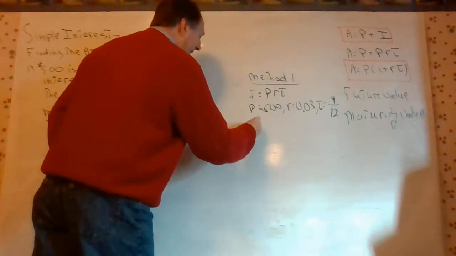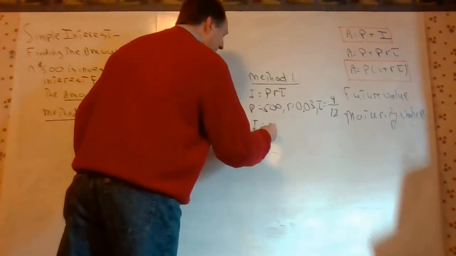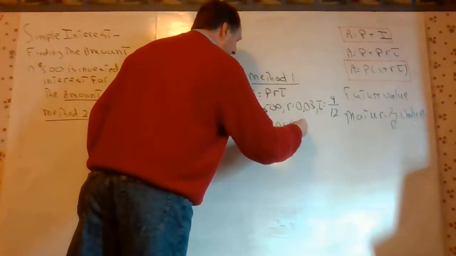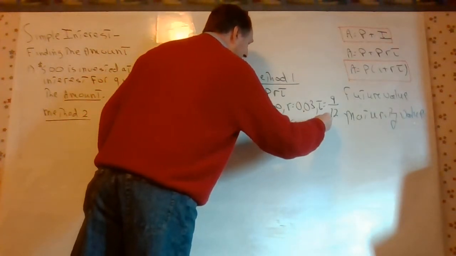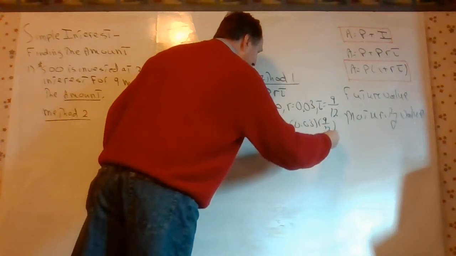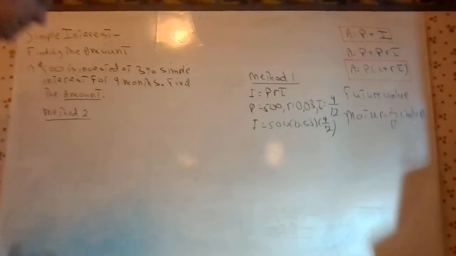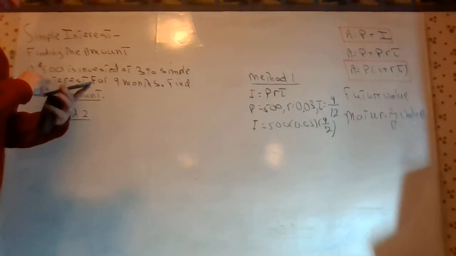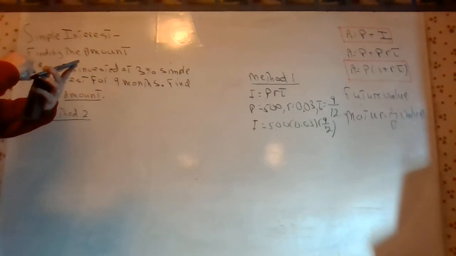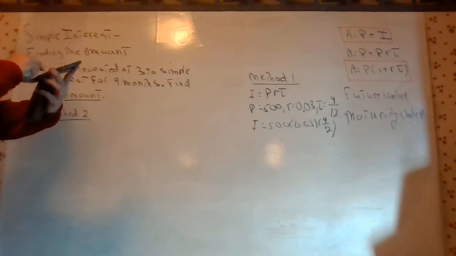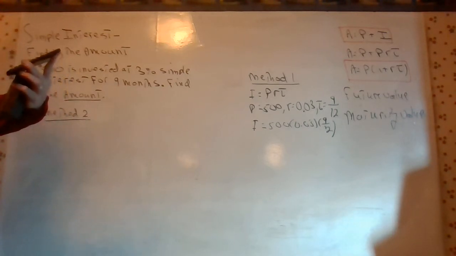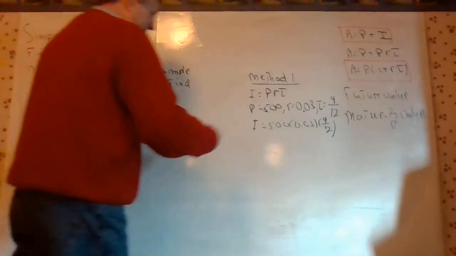And so we calculate I equals 500 times 0.03 times 9 over 12. We can go ahead and do a quick calculation with that. 500 times 0.03 times 0.75. And we end up getting $11.25.